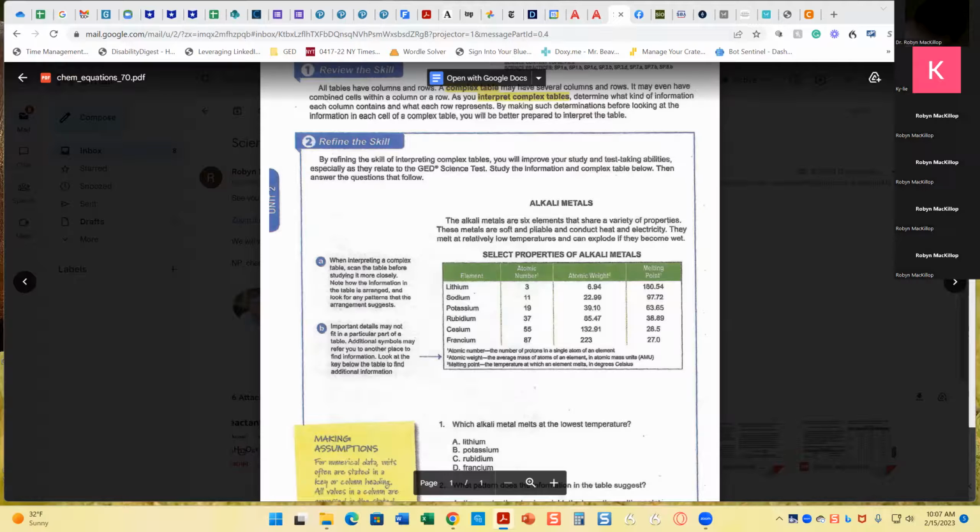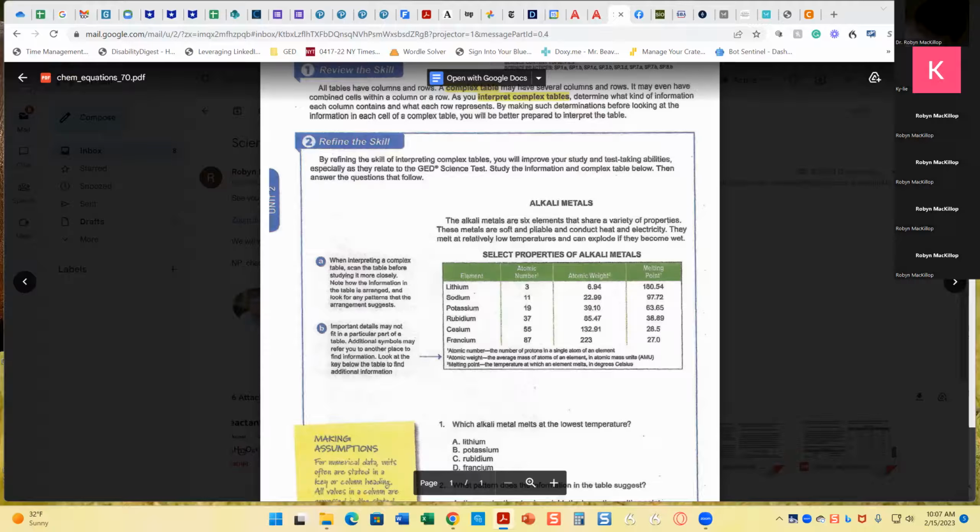Good job. And then the second question for this one, what pattern does the information in the table have? So we're just going to look at each one because that's kind of an odd question. So we go to the answers. The greater the atomic weight, so we come up here, the greater the atomic weight, here's the heaviest, the lower the melting point.